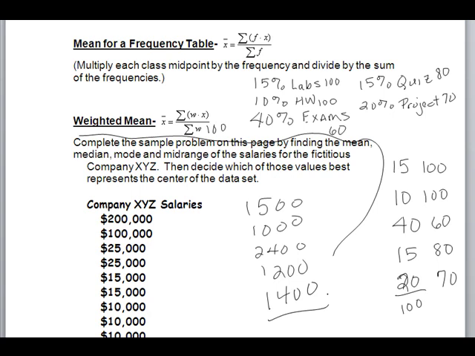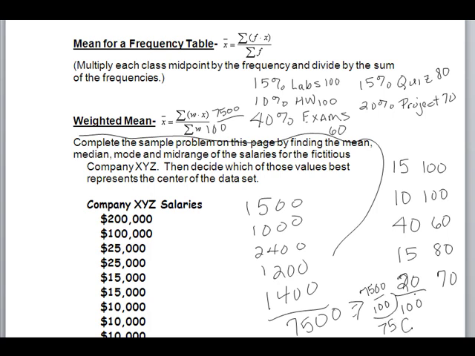And so this student would have 7,500 divided by 100, which is a 75, or a C. Remember, when you calculate your grade, you don't add the points; you want to do a weighted mean. I do a slightly different version of it, but basically the end result is exactly the same.